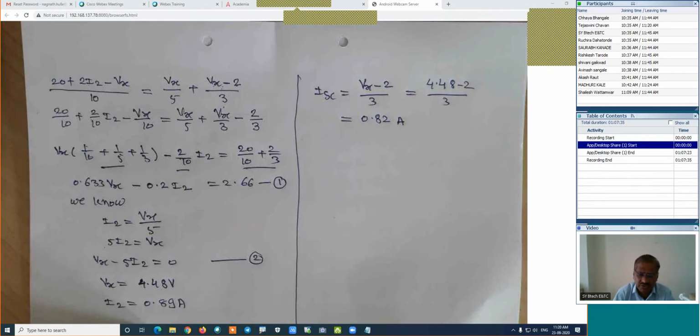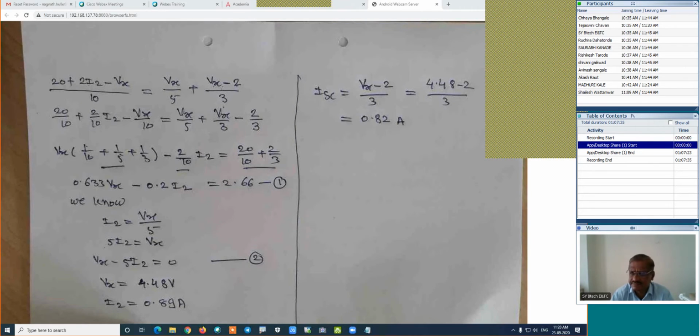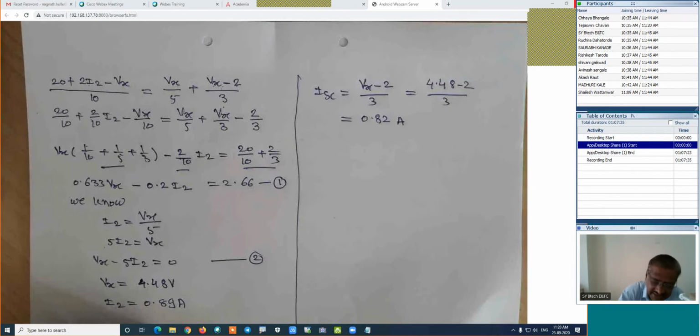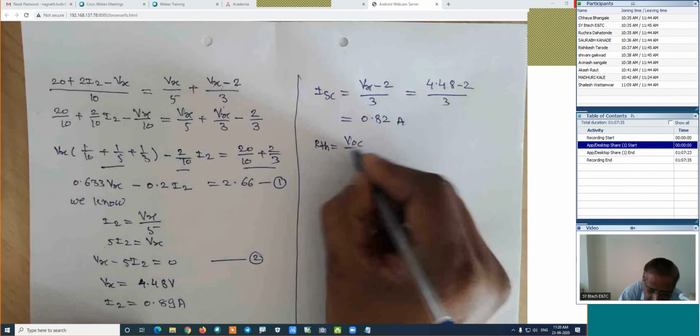Avinash, unmute yourself and check the answer. Correct, sir. So here in this case, now we know the value of ISC. Now I will find out RTH. Because whenever we have the dependent source, RTH is equal to VOC upon ISC.